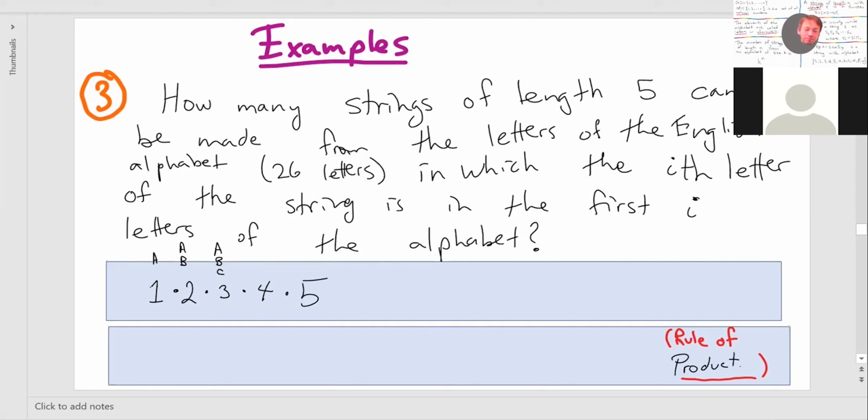But this doesn't follow from what I said before about choosing a string of length k from n characters, because there we had no restriction, but here we have a restriction that they have to come in the first i letters of the alphabet. And this is going to be 5 factorial. I haven't told you what factorials are, but that's coming next lecture. But for those of you who already know what factorials are, this is indeed 5 factorial.